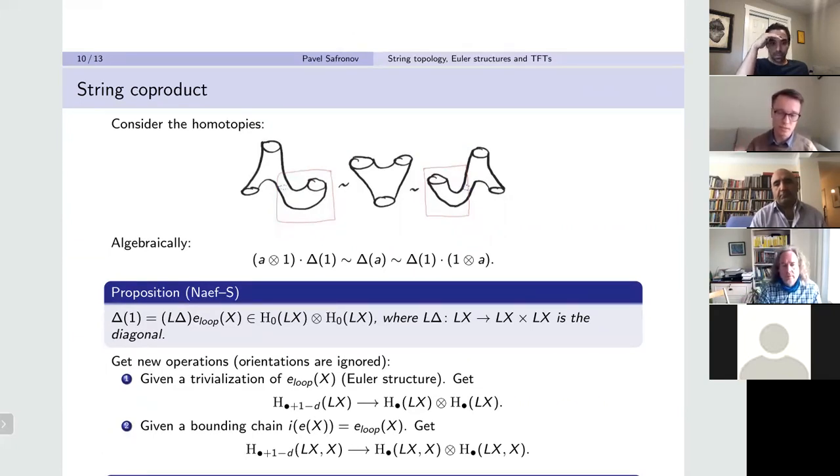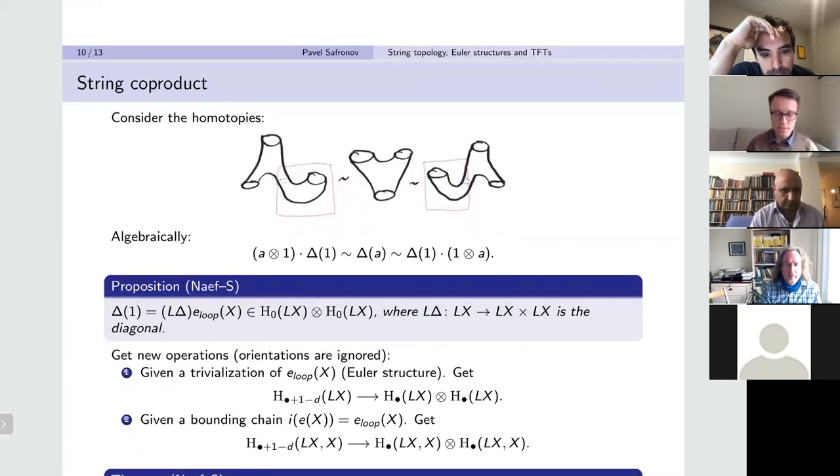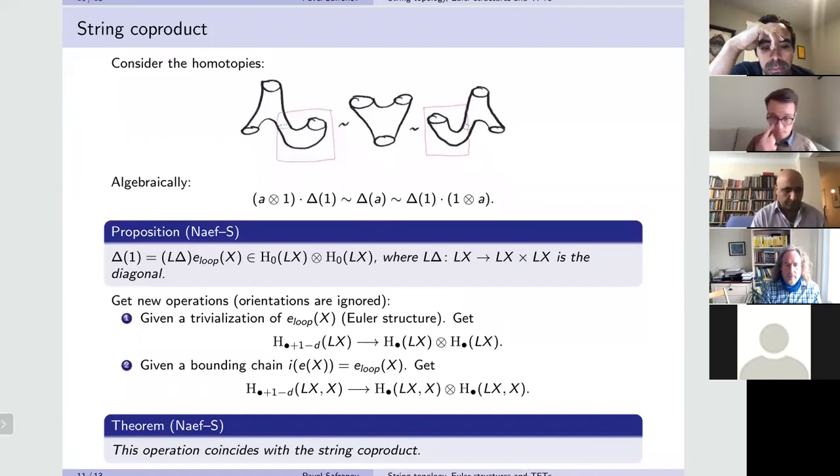If you have a trivialization of the loop Euler class, this is going to be a homotopy from 0 to 0. So this is going to be a secondary operation on the homology of the loop space. Or if you have this lift of the loop Euler class, you get an operation on the relative homology. So you have these two operations, and one of the main theorems is that these two operations actually recover the geometric string coproduct obtained using intersection theory.